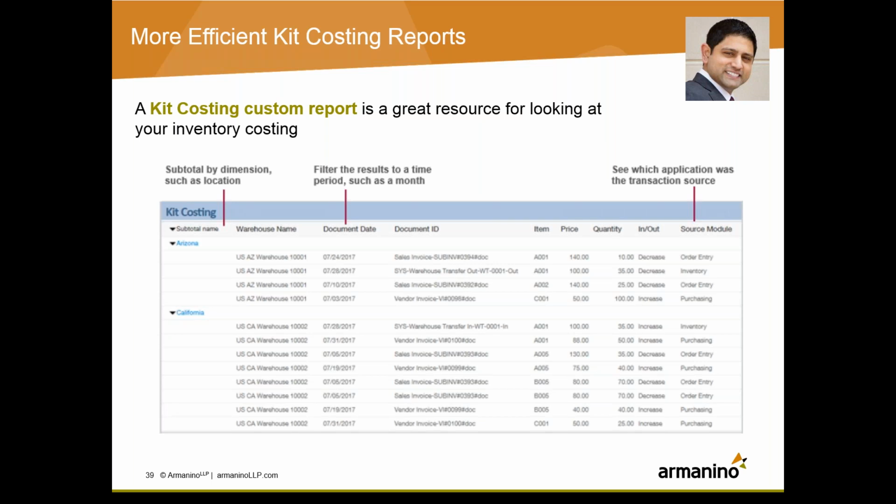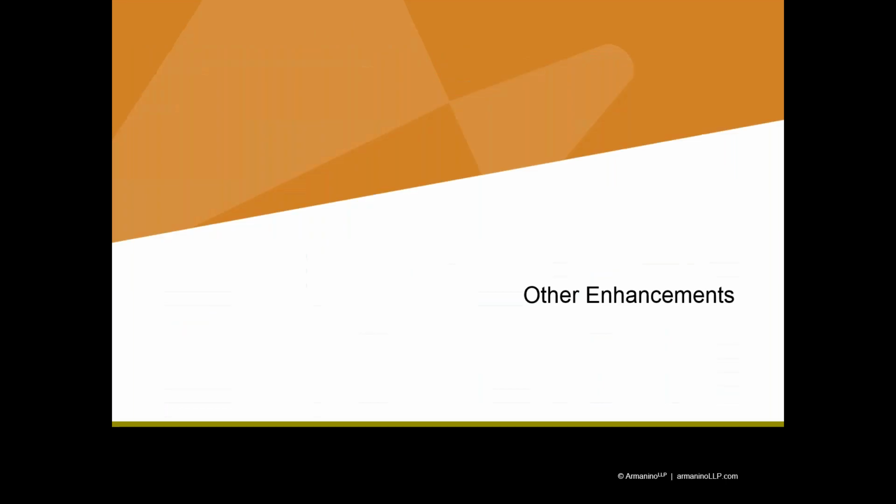So you can see exactly what's happening to these kits, whether they're ins, outs, both on the order entry and purchasing side. So lots of various updates there around inventory. Stay tuned. There's going to be a lot more that Sage Intacct is coming out with respect to inventory.